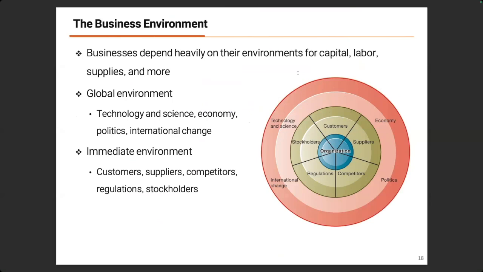And for the economic change, for example, some labor rate or price inflation can be one of the economic changes, and some foreign exchange rates can be one of the examples of international change, and maybe government change is one of the examples of political change.